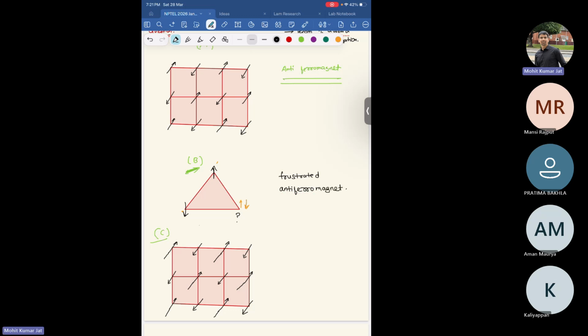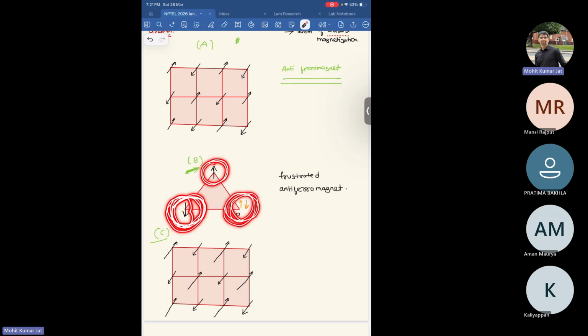So if you see here, this is up spin, this is down spin, then it's an antiferromagnet type. But here, whatever you put, it won't be a perfect antiferromagnet. That's why it's a frustrated antiferromagnet.